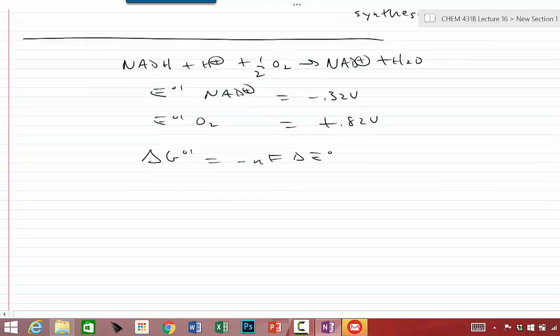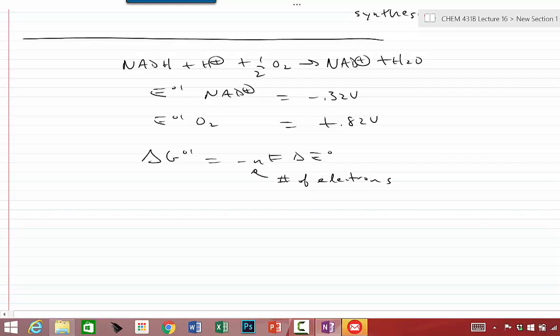You've got to be careful with these variables. n is going to be the number of electrons that are being transferred. And here, there are going to be 2 electrons transferred through the hydride that's transferred. So 2 electrons will be there.